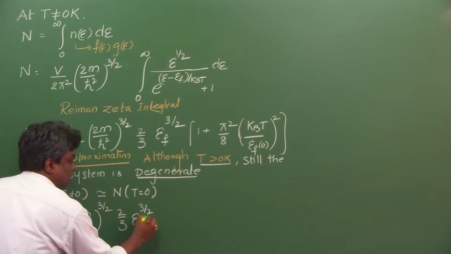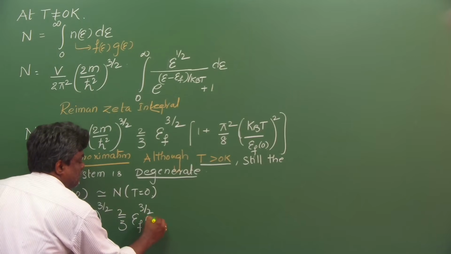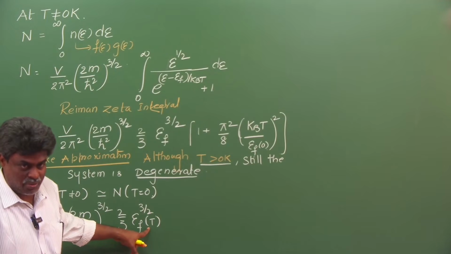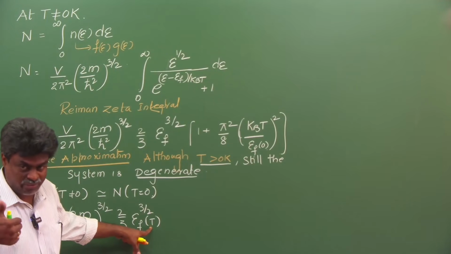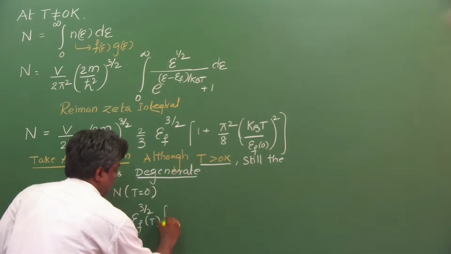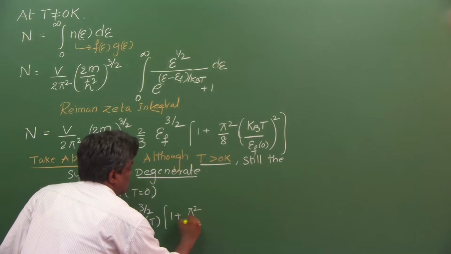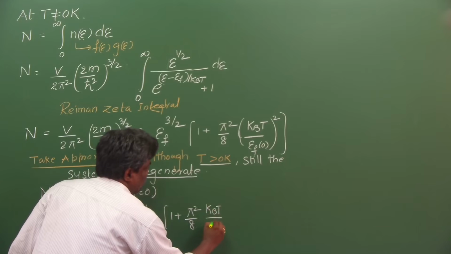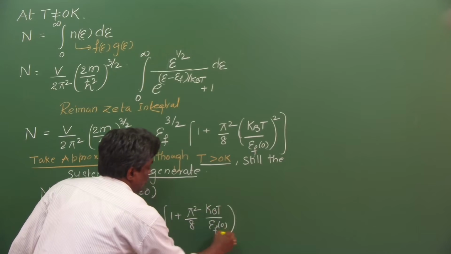This is the Fermi energy at temperature, that's why at temperature not equal to 0 Kelvin I am representing it as EF of T, into 1 plus pi square by 8 kBT by EF of 0 whole square.